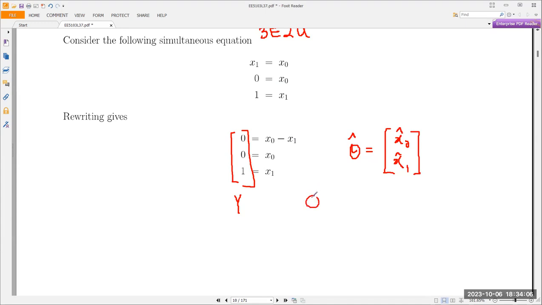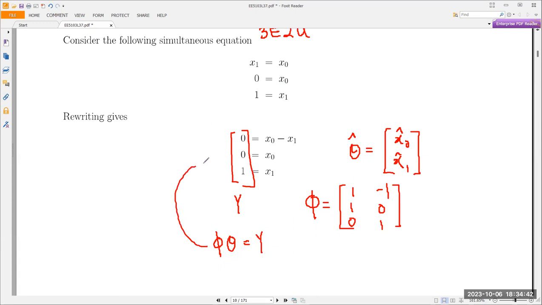Then you decide that phi is equal to, this must be 1 minus 1, so it's 1, 0, so it's 0, 1. All right, if you compare with my formula, you see that now you get this equals to y.